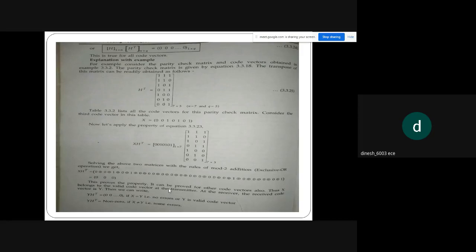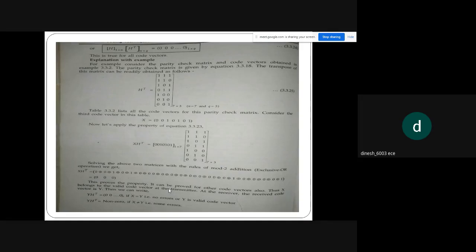And how do we use this syndrome decoding in eliminating errors? If you do Y H transpose, where Y is your received code vector, times H transpose, if everything is 0, then we say that Y is a valid code vector, meaning there are no errors.